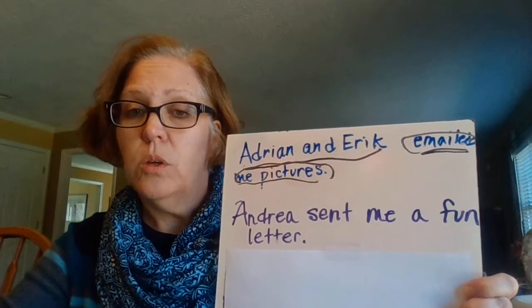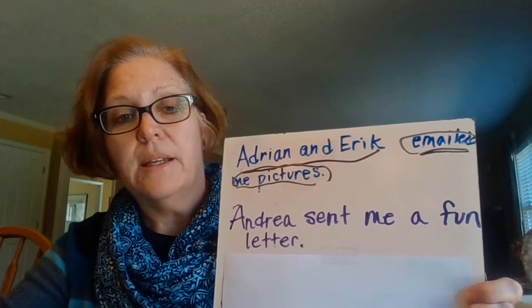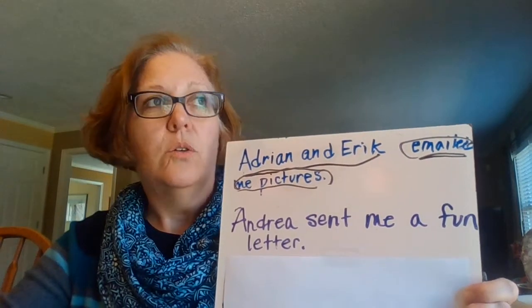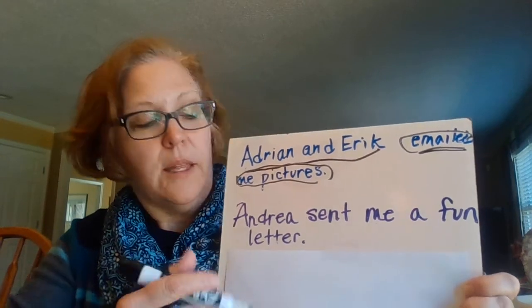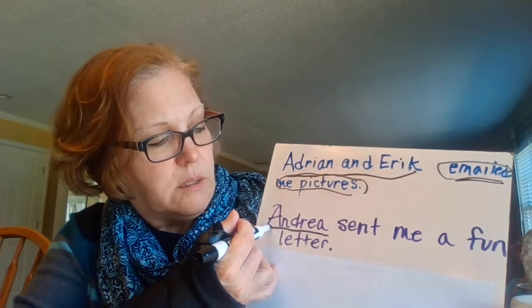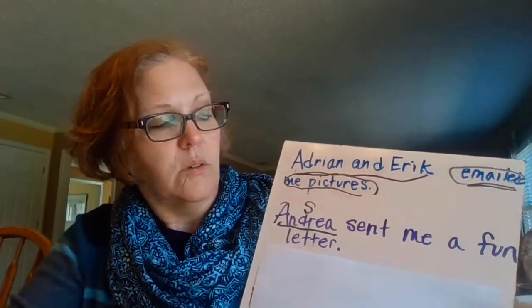If we do, then we can underline that as being our subject. I wonder who or what did something in the sentence. In this case, we know. Andrea did something. That is our subject, okay?